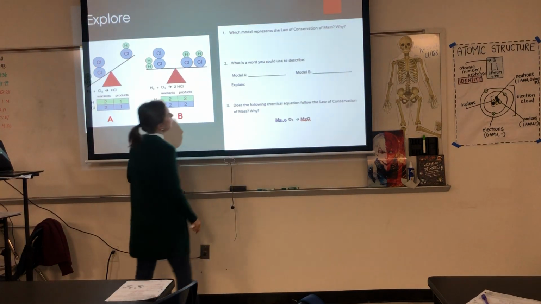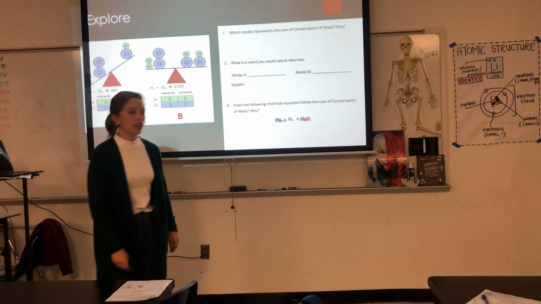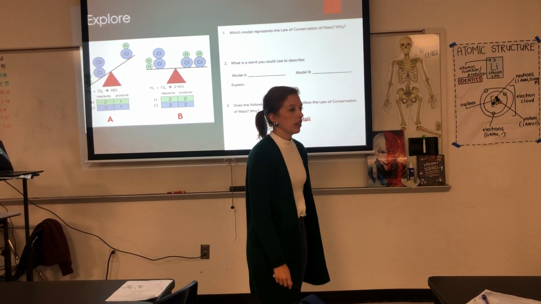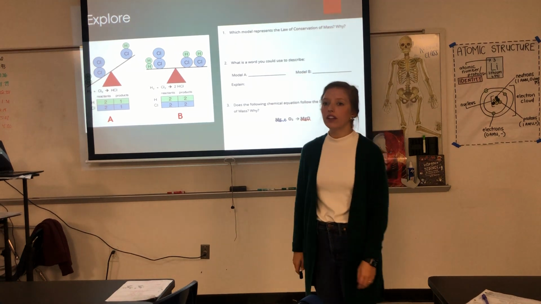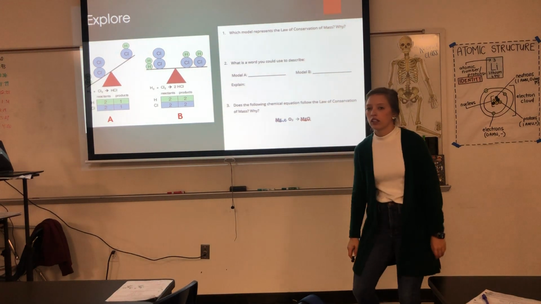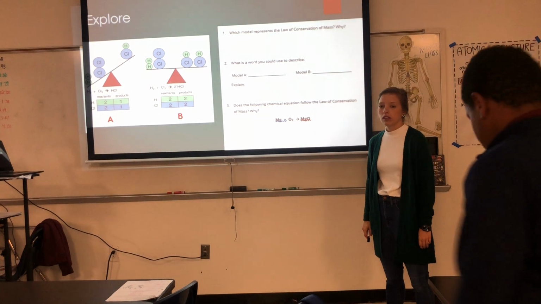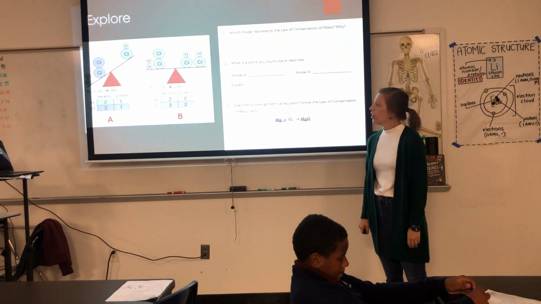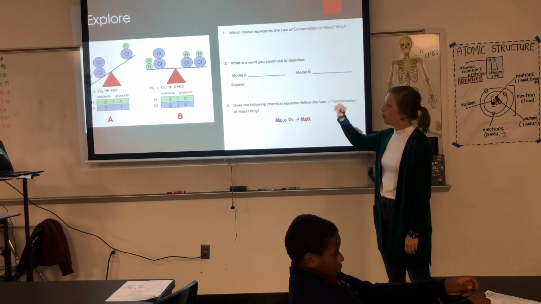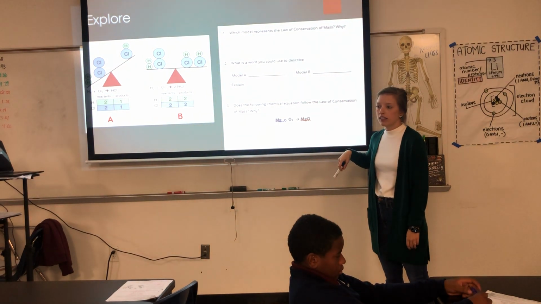So Paula, why would B represent the law of conservation of mass? Good. What did you say, Tahidra? I said B because they both equal. What's equal about them? The letters. Good. So what do those circles with the letters in them represent?